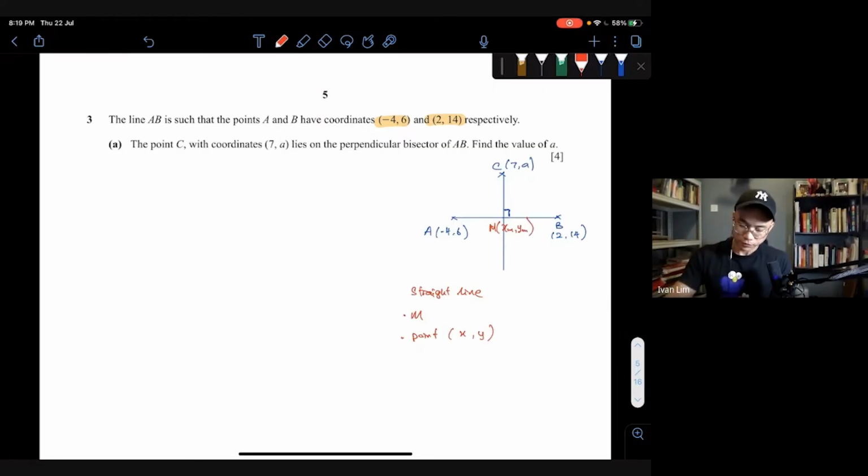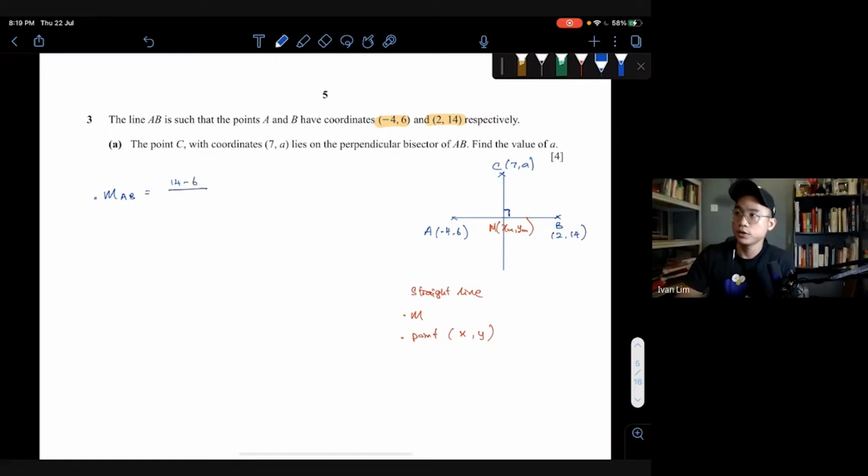So what can we find first? We can find m_AB. m_AB will be (14 minus 6) over (2 minus -4), which gives 4 over 3.